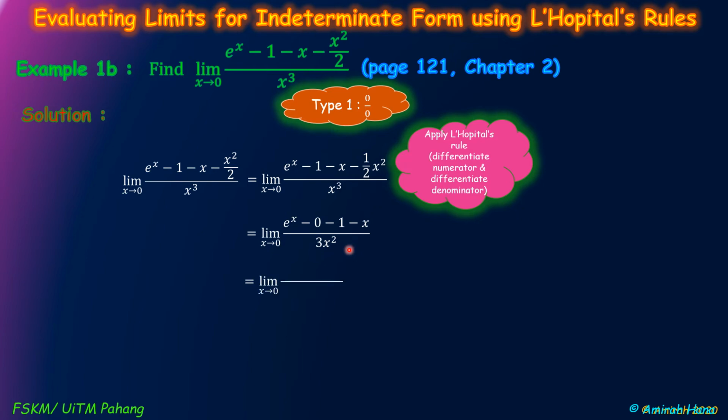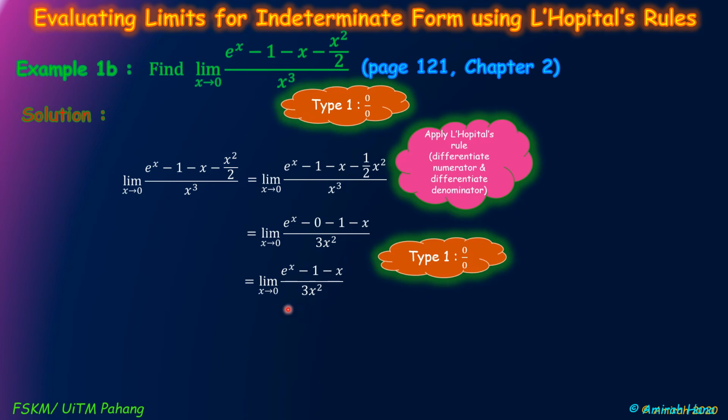Then we simplify, so we have this. After that, we try direct substitution, but the answer is still 0 over 0. When we substitute 0 into variable x, we have e to the power of 0, which is 1, minus 1, which is 0, minus 0, so the numerator is 0, and the denominator also 0.